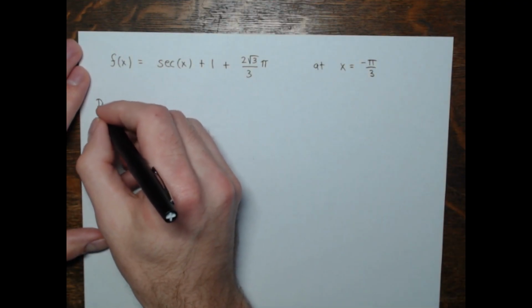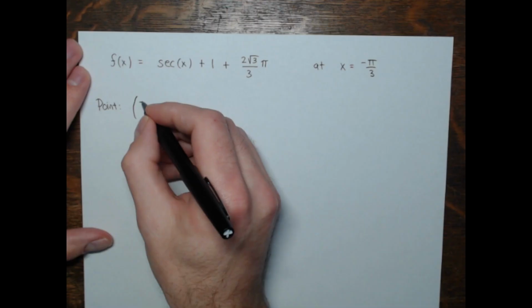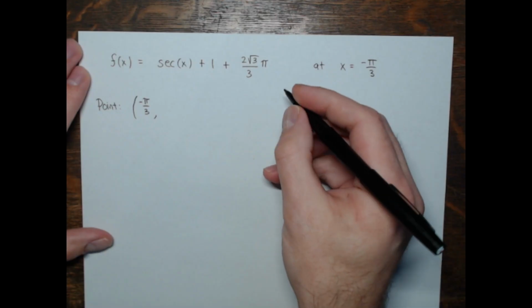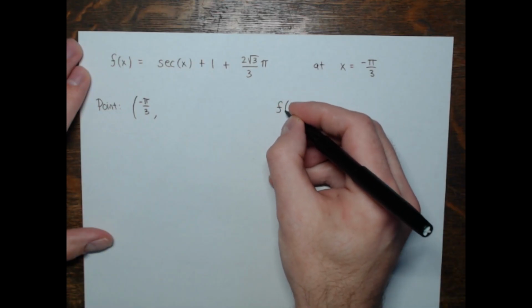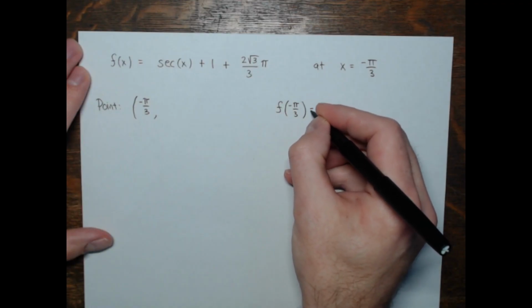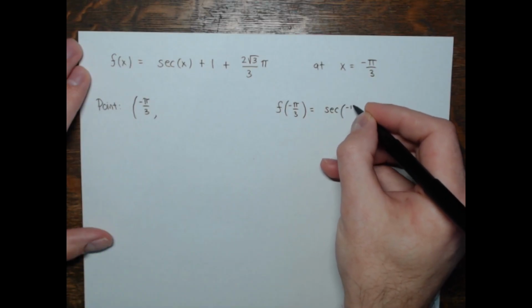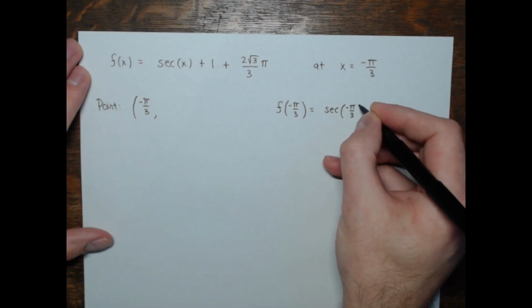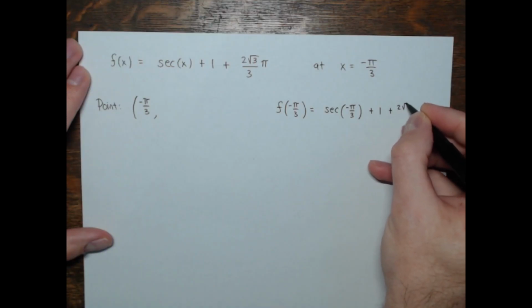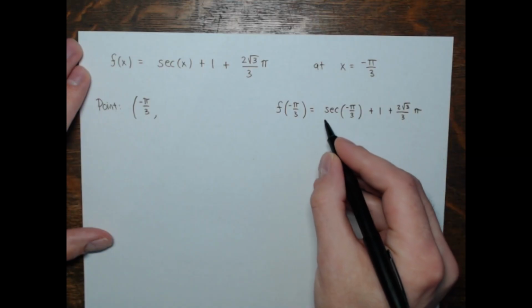So again, we want our tangent line. The point on the line has -pi over 3 for the x coordinate, and then f of -pi over 3, so that's the secant of -pi over 3, plus 1 plus 2 root 3 over 3 times pi.